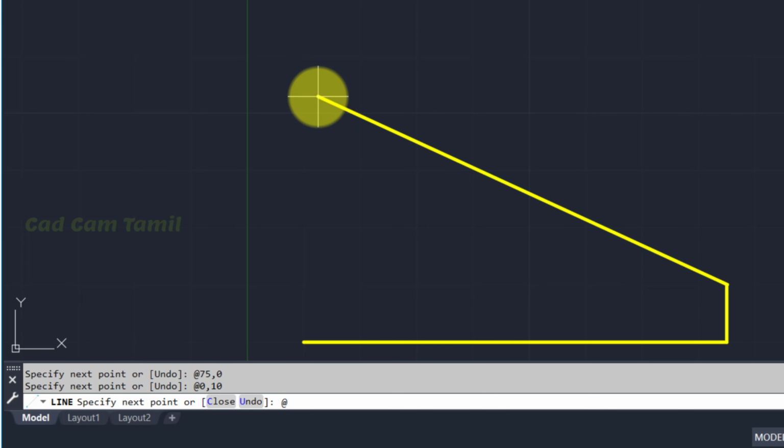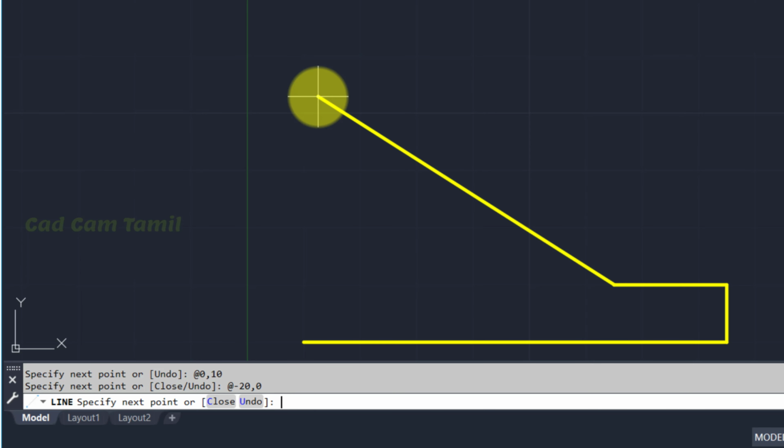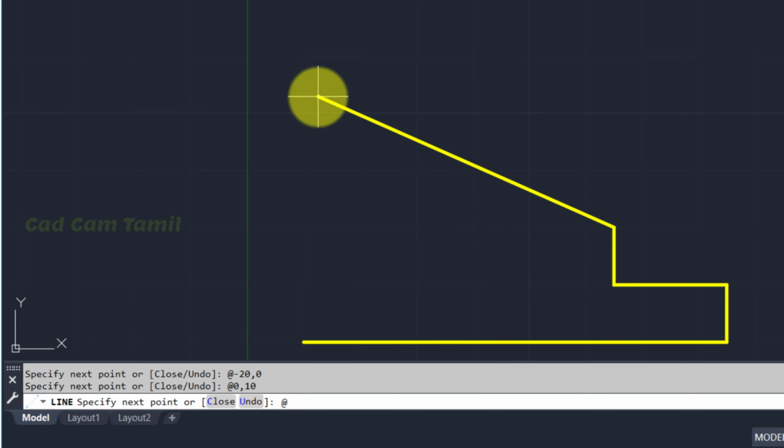From there, I have to move the line towards minus x direction of 20 mm. So minus 20, 0. At x 0, vertical line. So how much? Positive 10. At minus 20, 0. At x is 0, y becomes 10.